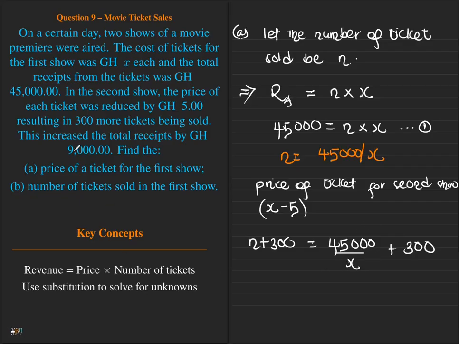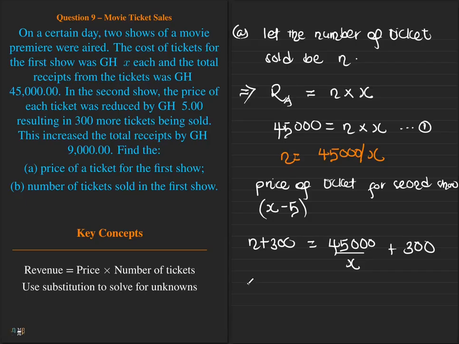And what happens? It increased the total revenue or receipts by 9,000. They are not saying this is the new revenue. They are rather saying that it has increased the revenue by this amount.